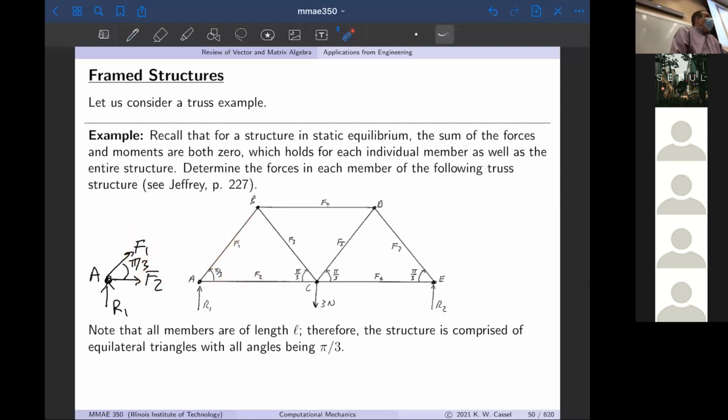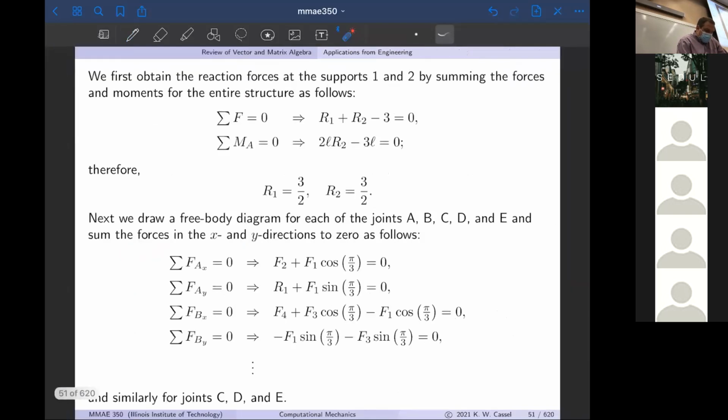I don't know if F1 is in tension or compression. I don't know if F2 is in tension or compression. You just let the math sort that out for you. On the next slide, if you sum the forces in the X direction and then the Y direction at joint A, you get these two equations.